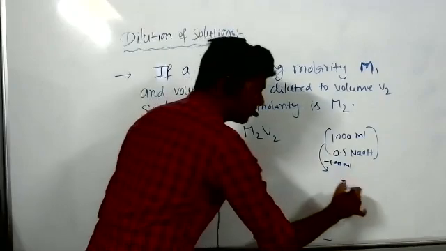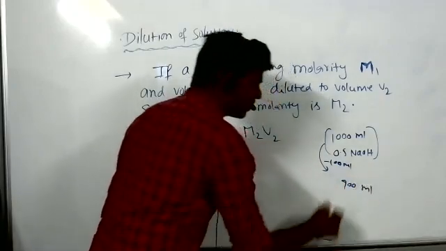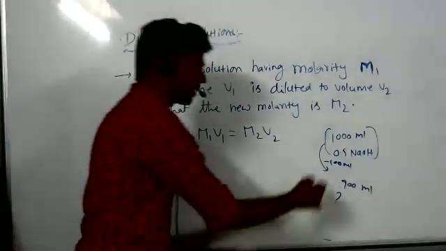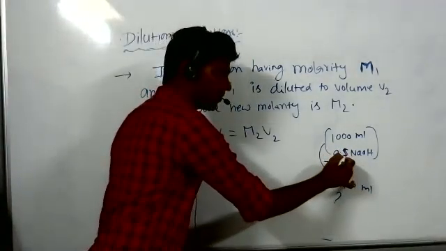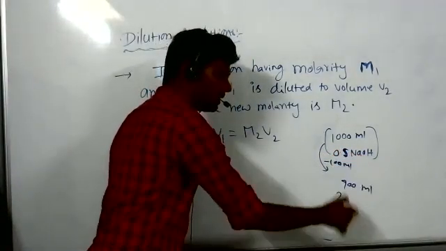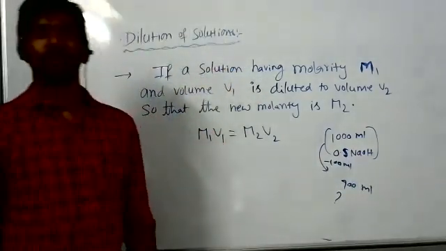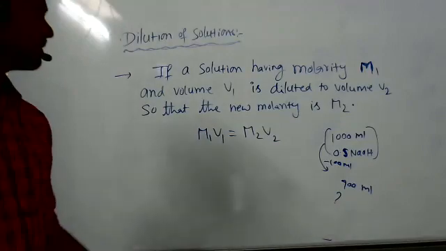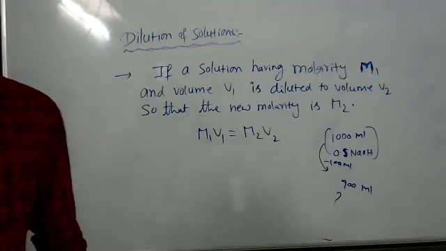Then volume of solution becomes 900 ml. Then what is its concentration? We have to calculate concentration. The 0.5 molarity of NaOH increases, it may be more than 0.5, if its water content decreases. If water content increases, its concentration decreases.